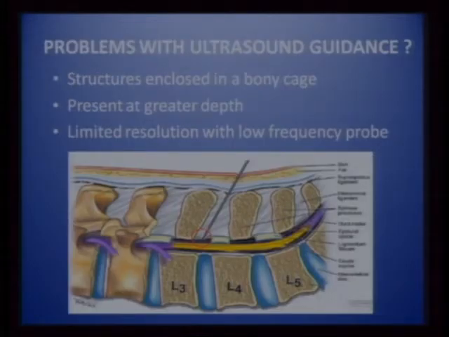So are there problems with ultrasound guidance for spine? Yes, there are. Before we go to those, I'll just recount for the sake of juniors in this audience. You have the skin, subcut tissue, supraspinous ligament. Then you have the spinous processes. In between is the interspinous ligament. Then you have the ligamentum flavum and the dura, the thecal sac.